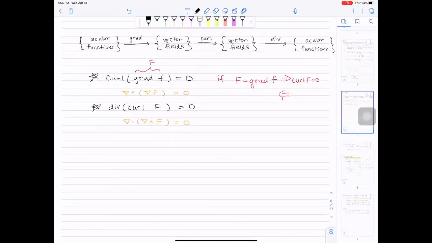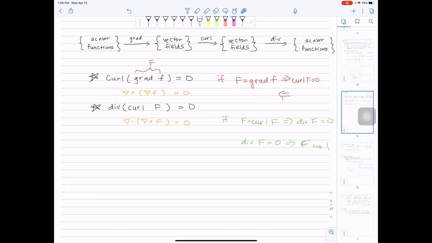So this second one is saying, if f is your curl, then divergence of f equals 0, then yeah, you could say that must be a curl, but we don't really have a definition of what it means for something to be a curl.